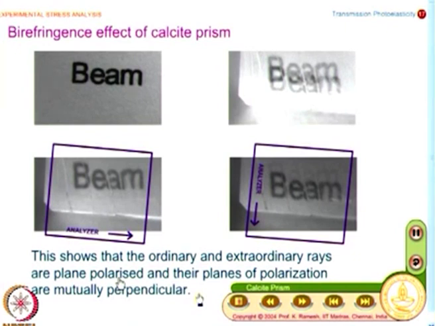How do you establish that they are plane polarized? I just use an analyzer which will only cut off light perpendicular to it. So, when I extinguish one image, the plane of polarization is perpendicular to it. So, we indirectly show that it is a plane polarized beam of light, and because I keep these two perpendicular to each other, I also understand the planes of polarization of ordinary and extraordinary rays are mutually perpendicular.